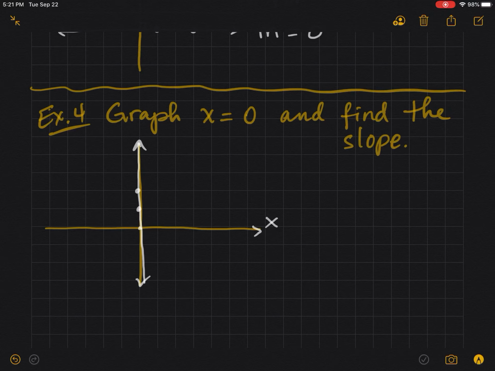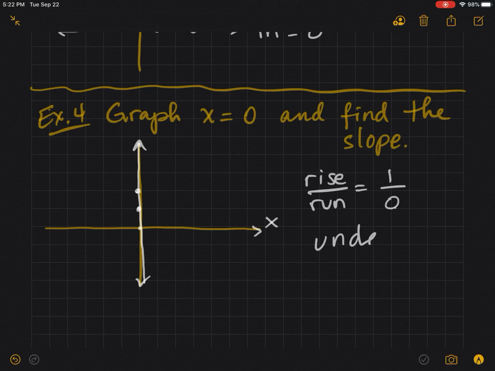If I pick any 2 points, I'm going to check out the rise over run. If I go up 1, that has a rise of 1, and run 0, thou shalt not divide by 0.